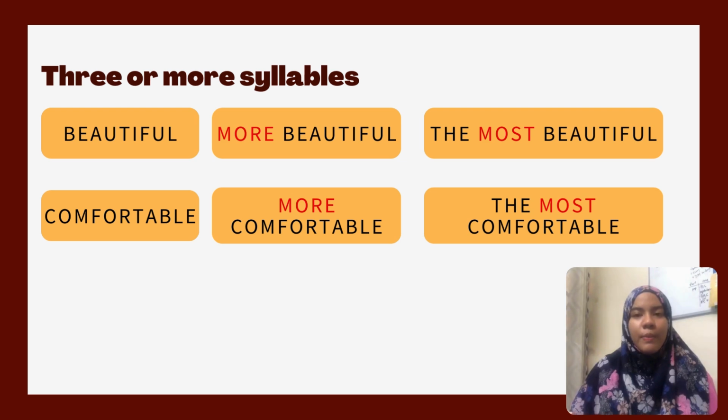So the comparative for the word comfortable will be more comfortable. What about the superlative? For the superlative, it is the same case. We have to add most before the adjective. So the superlative for the word comfortable here will be the most comfortable.